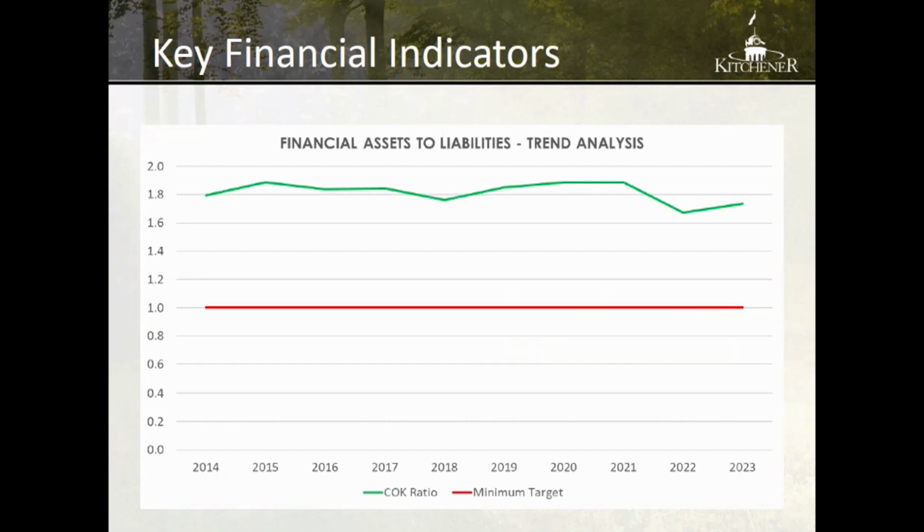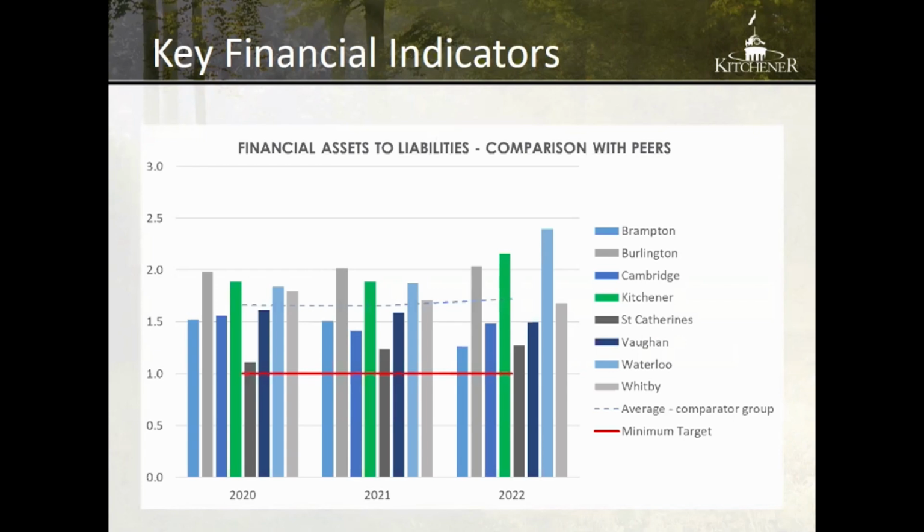Note that while 2022 and 2023 ratios appear a bit lower than other recent years, only these 2 years have been restated to reflect the new liability for ARO. However, even with the impact of the new standard, the city's ratio is well above the recommended minimum target. The city's ratio has also been slightly higher than the average of the comparator municipalities. This graph has not been updated to reflect the new standard, as we did not have the updated data for the comparator group.